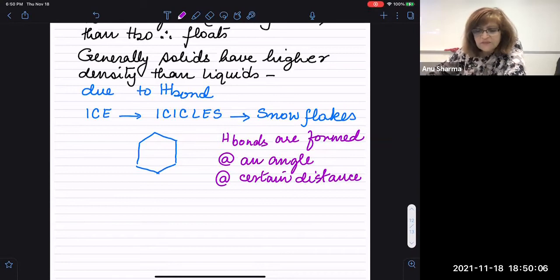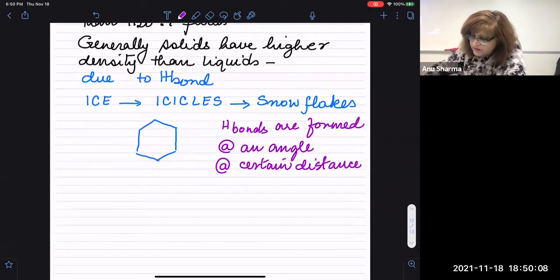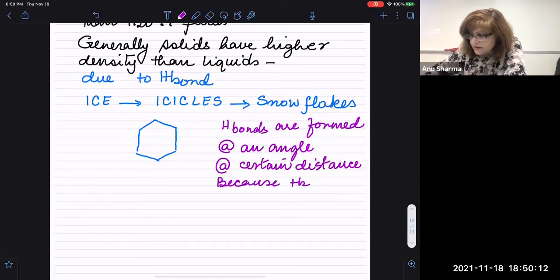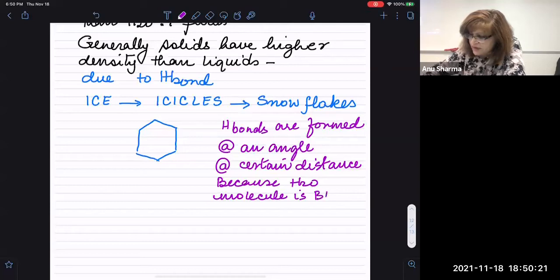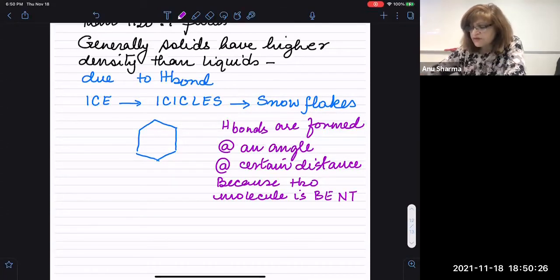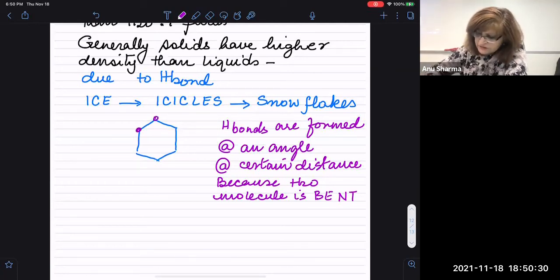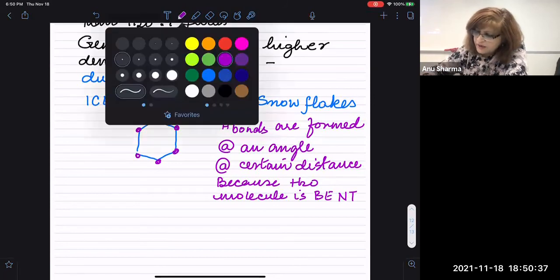Okay, that is important. This happens because the water molecule is bent. So it has to accommodate all those things, angles and distances. The water molecule is bent and very rigid. So this is why they form these hexagonal shapes. So this is one water molecule, this is another one, another one, another one, and another one. And they form this very weak hydrogen bonding.